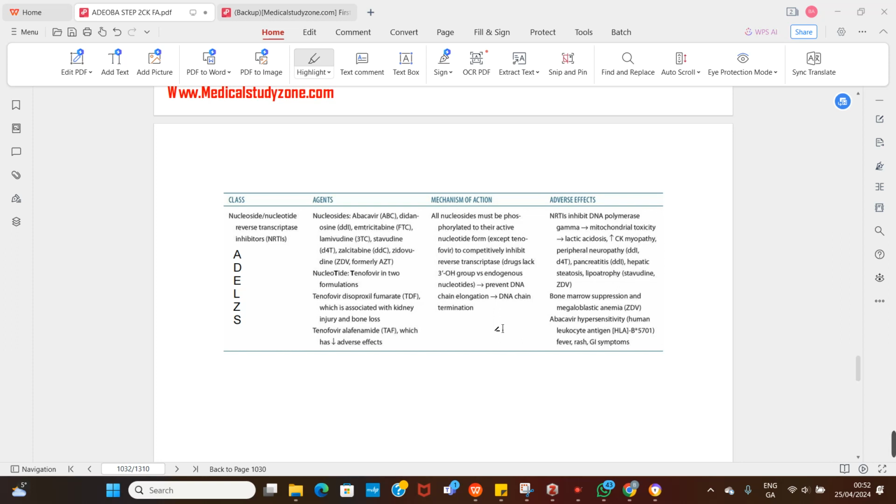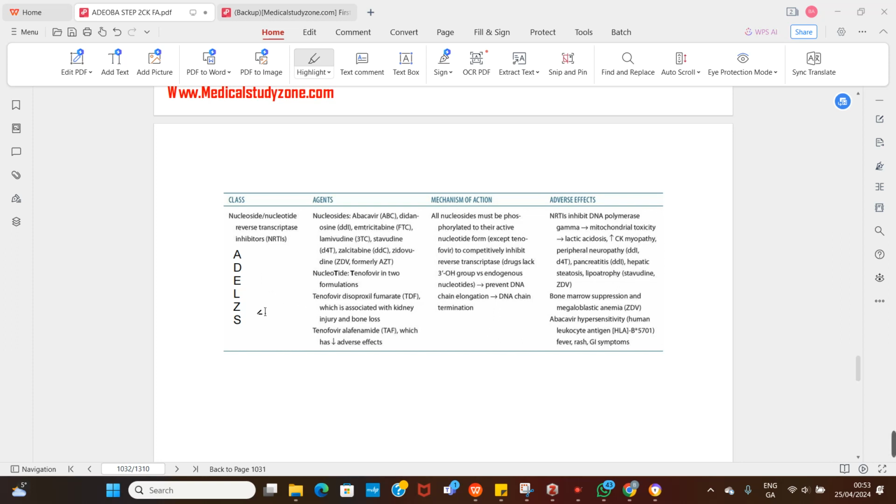We already know the function of reverse transcriptase. We know what it does. It's basically part of the pol enzyme of HIV, and what it does is just to convert the RNA of the HIV genome into DNA so that it can be incorporated into the genome of the host via the integrase enzyme.